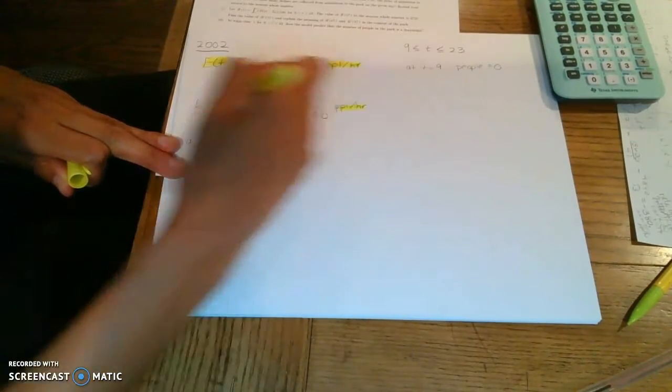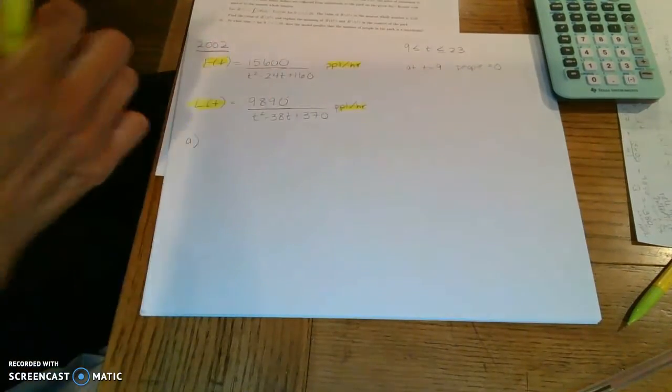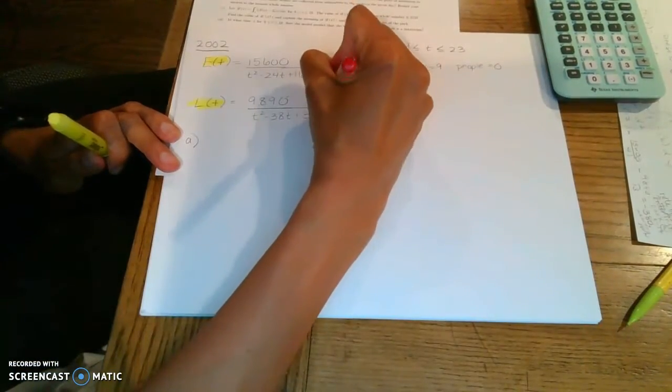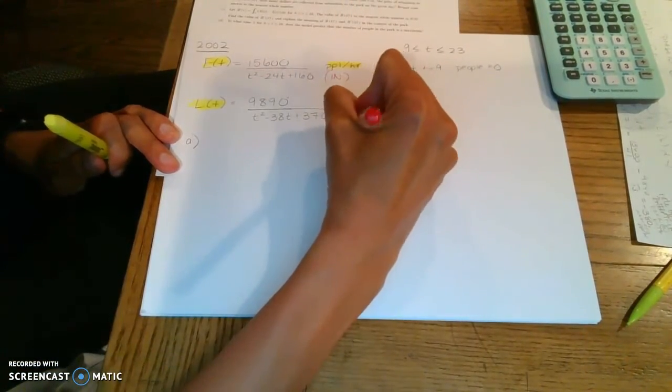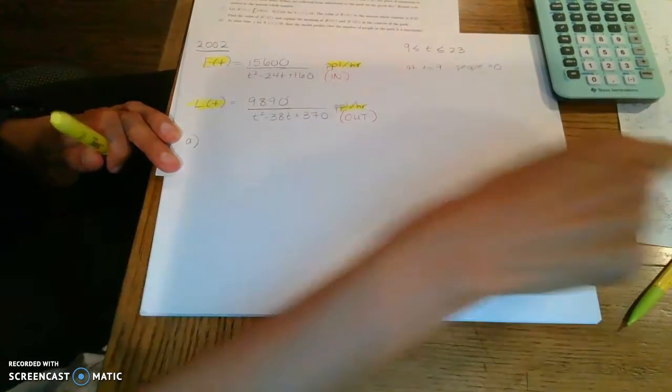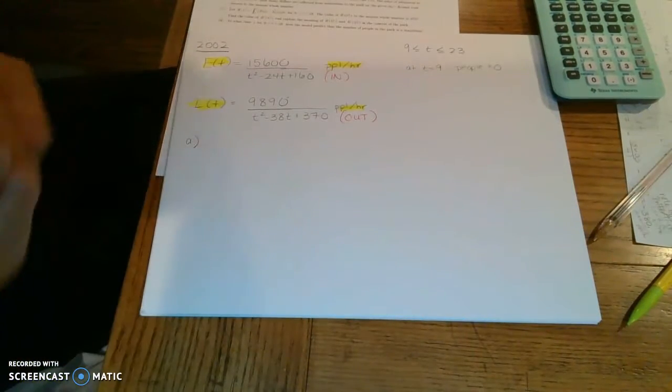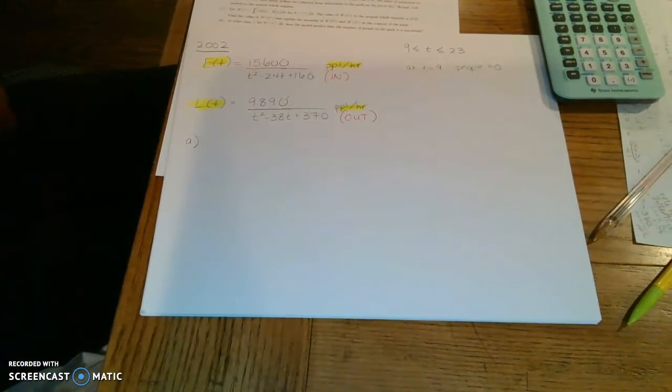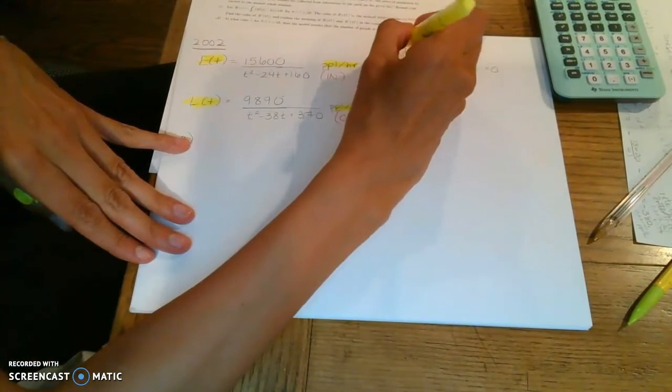So what I normally do is I write myself a little note here, and I go, all right, this is my in equation, and this one's my out equation. Then I went ahead and read the other information. They're both being measured in people per hour. They're telling me that t is measured in hours after midnight. And then this is interesting: they tell me that the domain is only valid from 9 to 23.